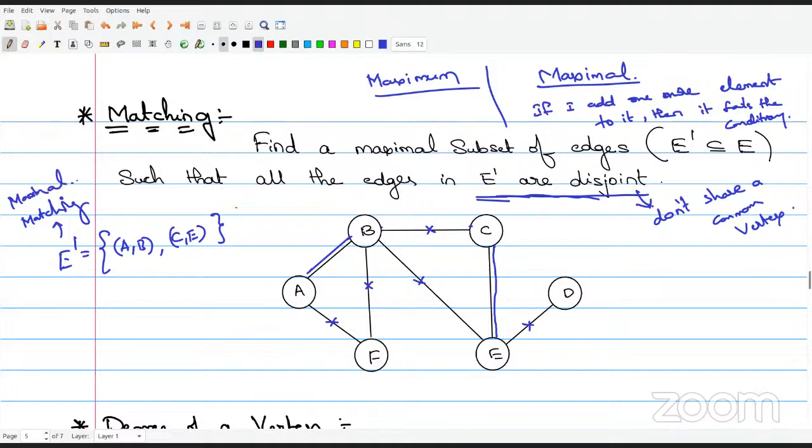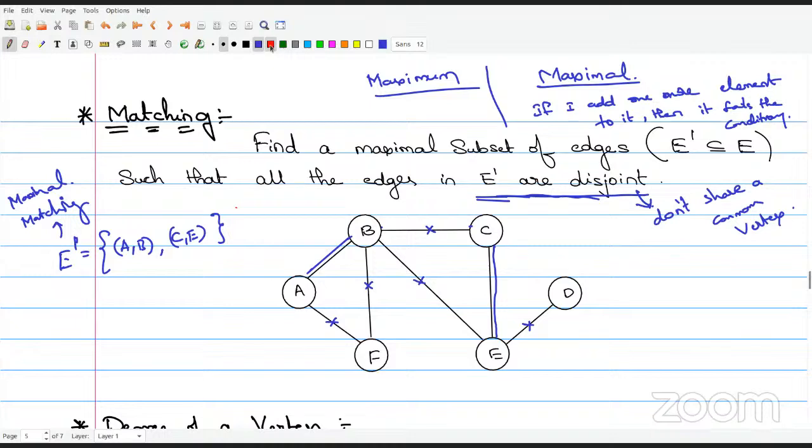It's not maximum, I will show you the maximum matching for this also. I cannot add any edge to this particular set, because if I add one more edge, the disjointness will fail.